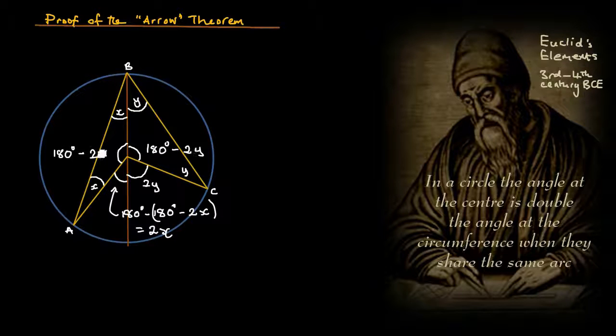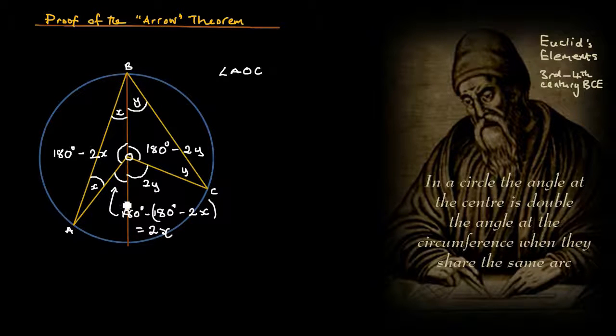So now we've got enough information from our diagram to be able to prove the theorem. The angle at the centre, we haven't labelled it yet, so let's call this O, OC, okay, the angle at the centre here in our arrow theorem, which says the angle at the centre is twice the angle at the circumference.